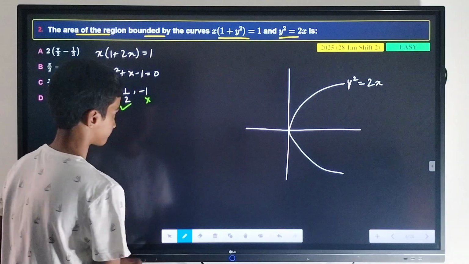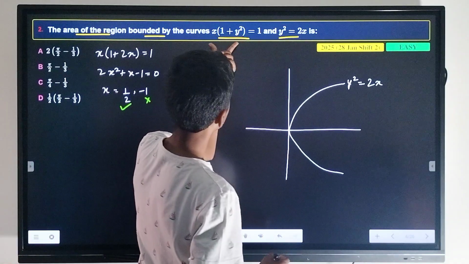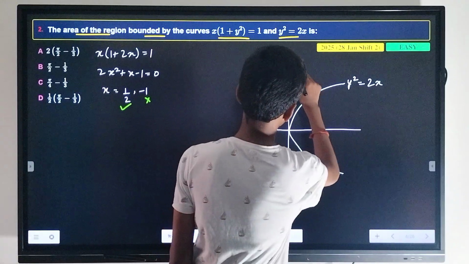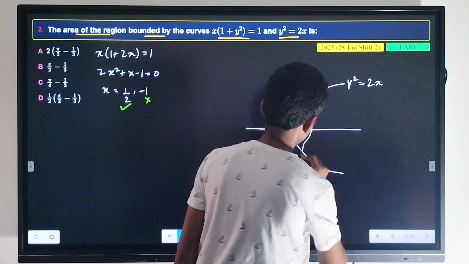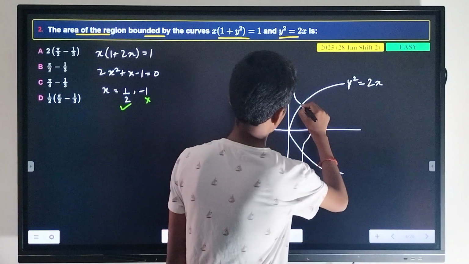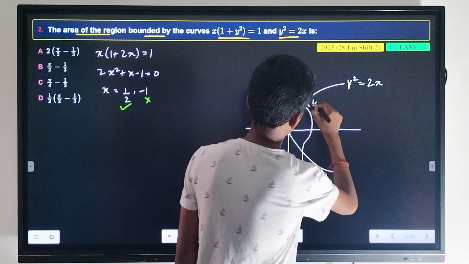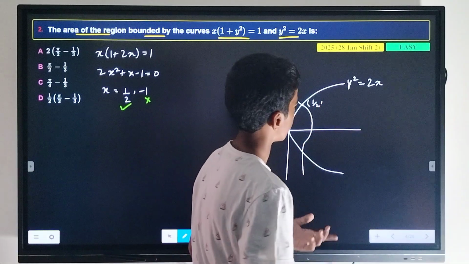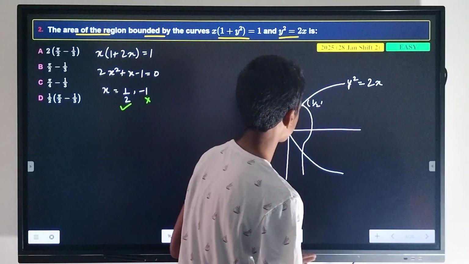So from here our curve of x multiplied by (1 plus y square) is equal to 1 will be of something this type. So from here two intersection points will be 1 upon 2 comma, when we will put 1 upon 2 in this parabola, we will get y is equal to plus minus 1.